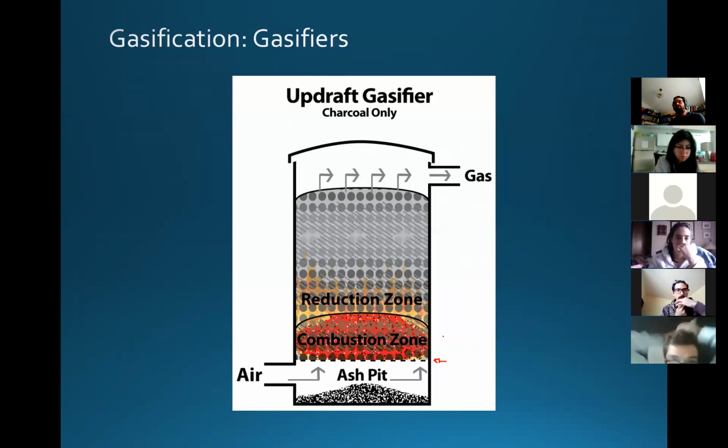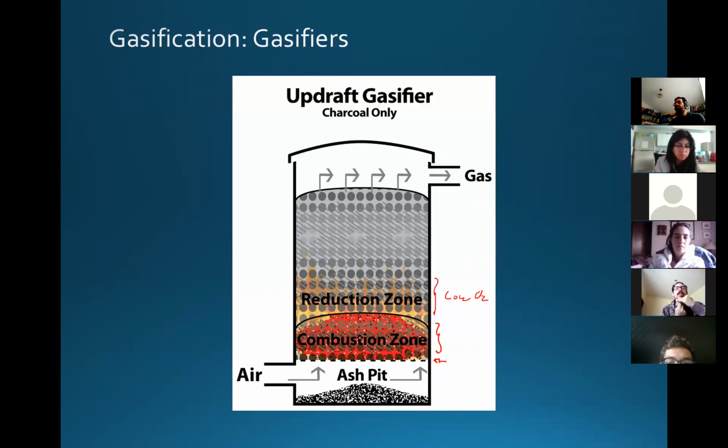In the first section, we're going to have the combustion zone. There we have a lot of air, the first contact of air with the fuel. The temperature is going to be high, but here we have low O2, low oxygen in that zone.